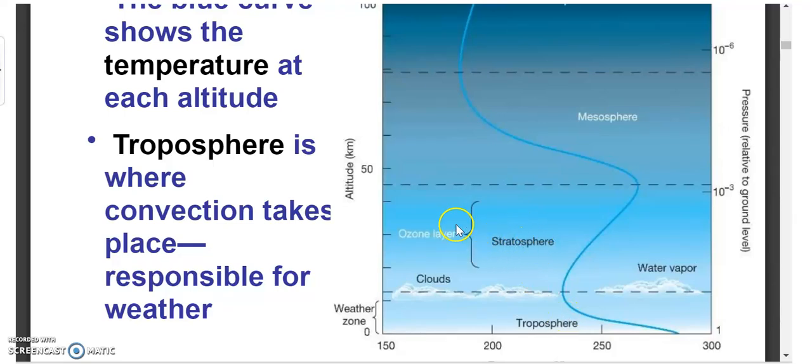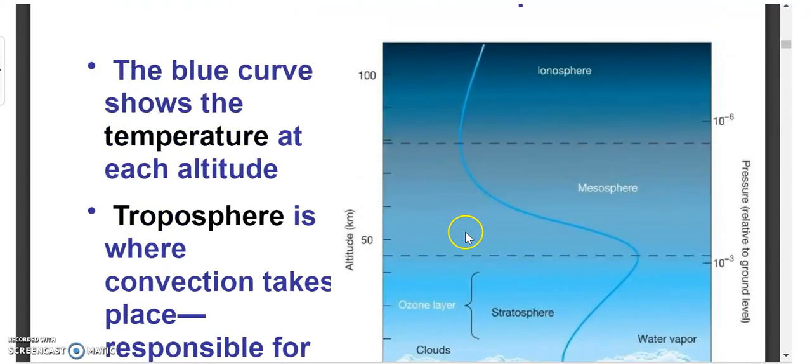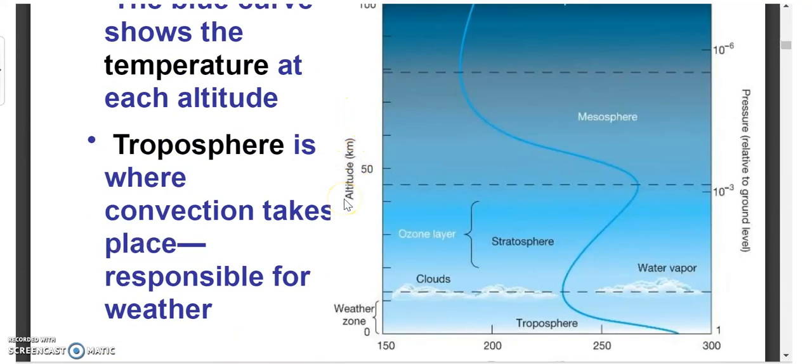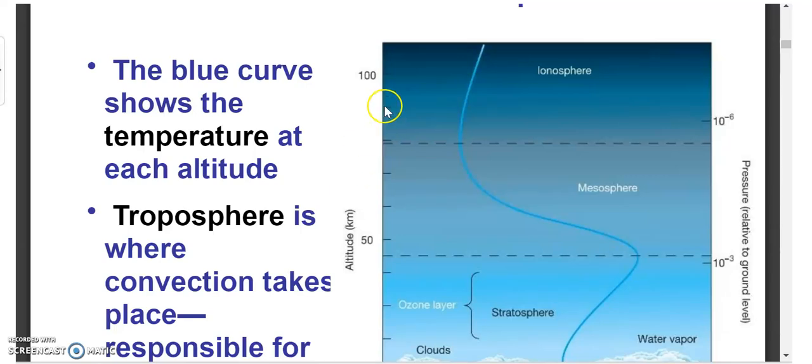The stratosphere, of course, is where the ozone layer is, and then above that is basically space, roughly, it depends on who you talk to, about 100 miles or so above the surface of the Earth. You can actually be considered to be in space. But before that, the atmosphere is so thin that for all intents and purposes, you're in space.